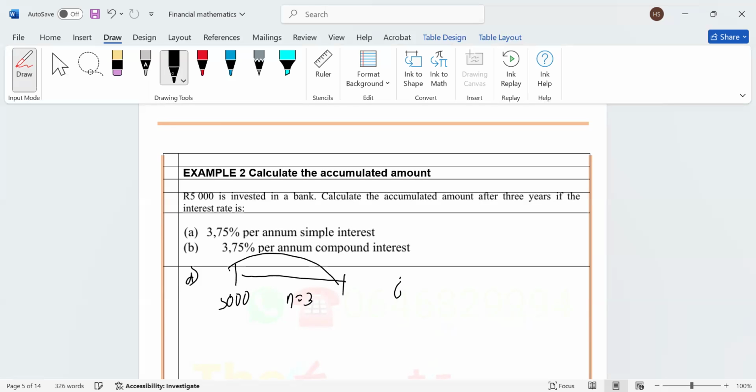And then what is going to be our interest, which is i? 3.75, we're going to get it by dividing by 100.